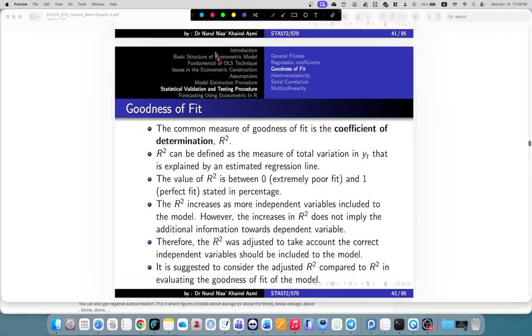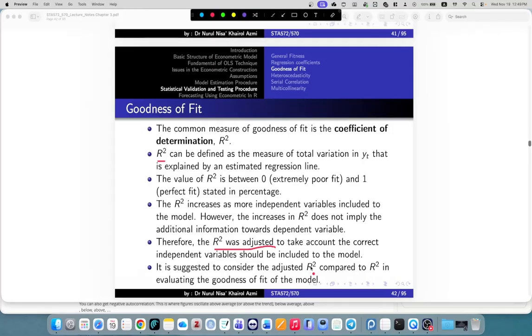Based on this, we actually have two: one is R square, another is adjusted R square. The difference between R square and adjusted R square is that adjusted R square also considers how many variables you added in your model. So for this particular model, since we have multiple variables, we want to make sure that the number of variables is also considered when you perform this test.